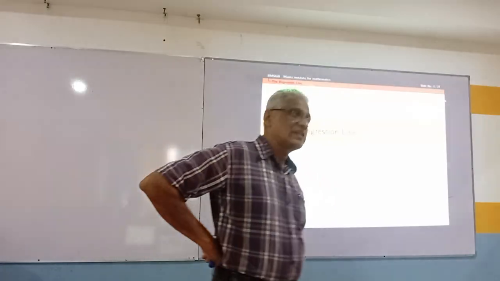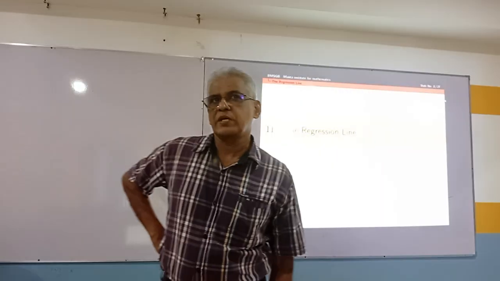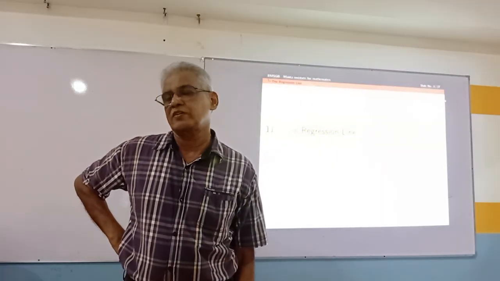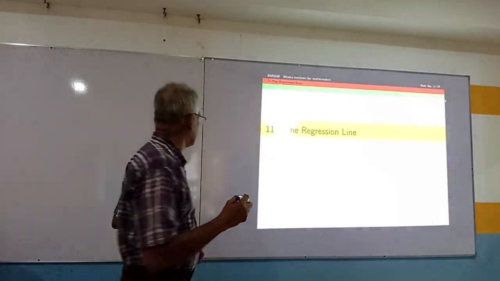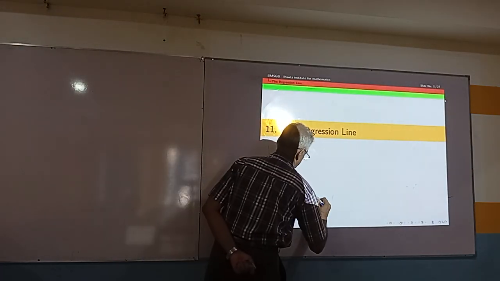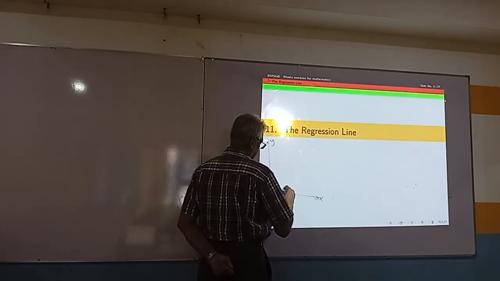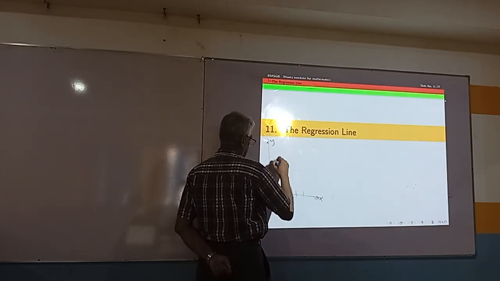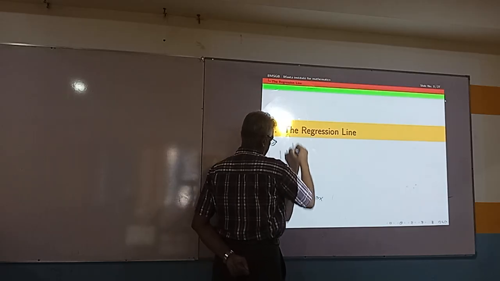So the regression line actually can be considered as approximate average y values at different x's, right? So for example, if you consider x and y, for different x's, there can be several y's.